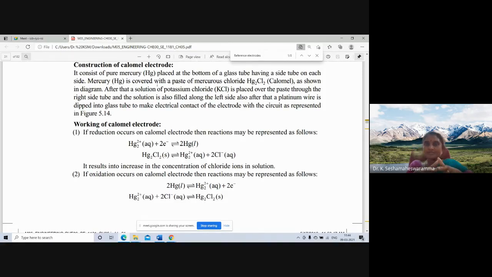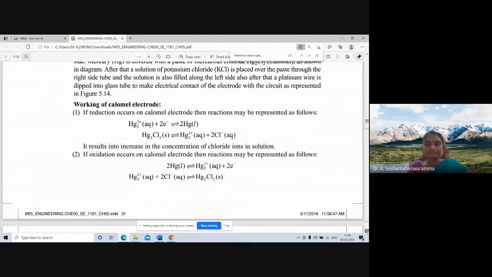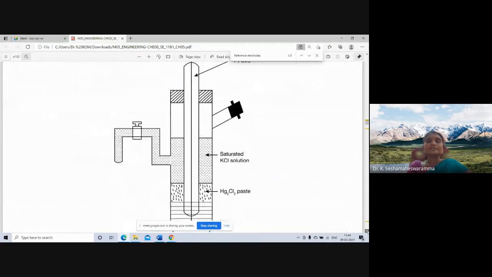After that, a platinum wire is dipped into the glass tube to make electrical contact of the electrode with the circuit, as represented. This is the calomel electrode.